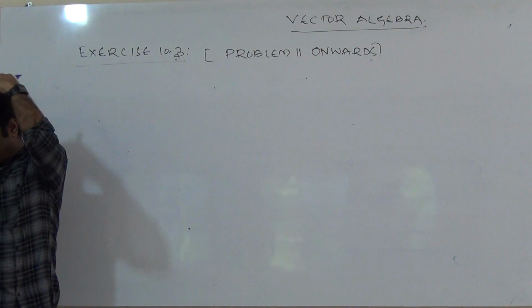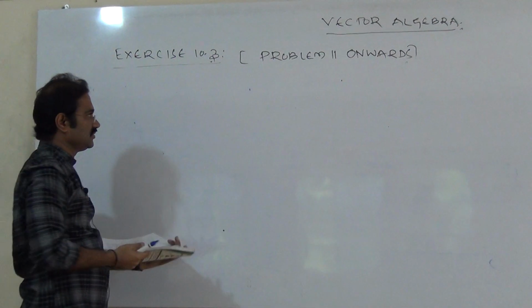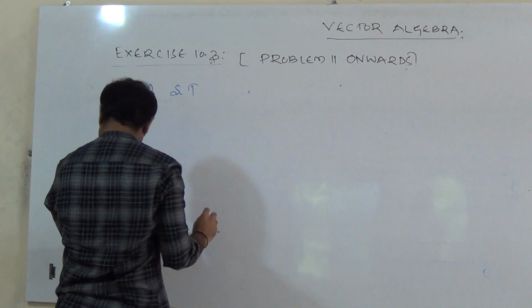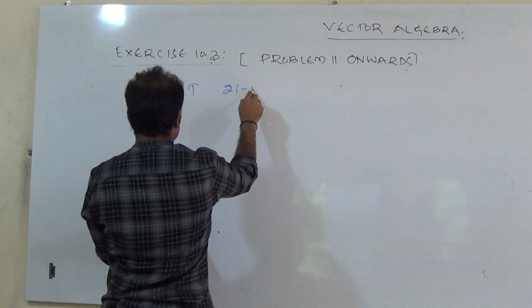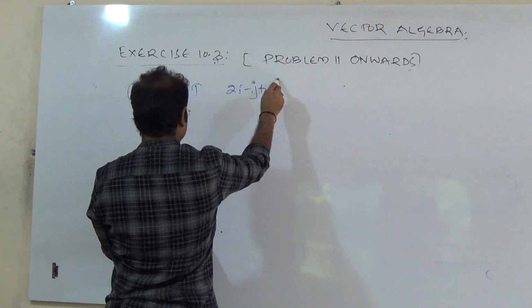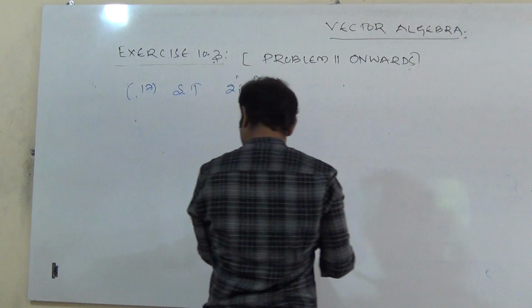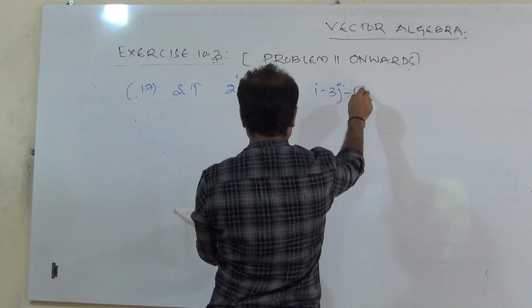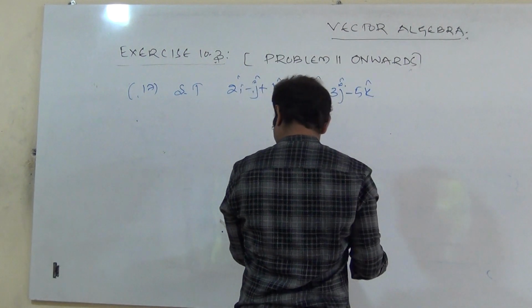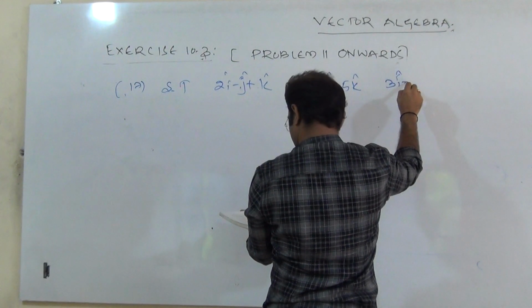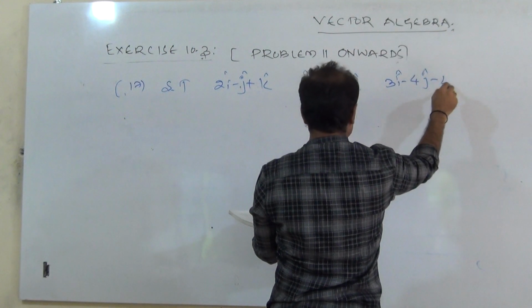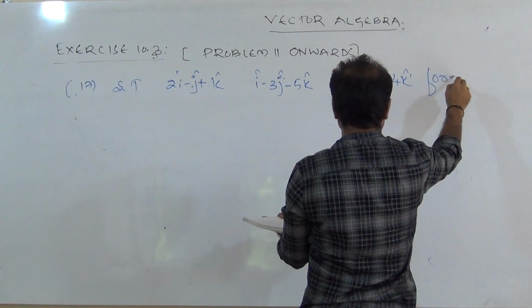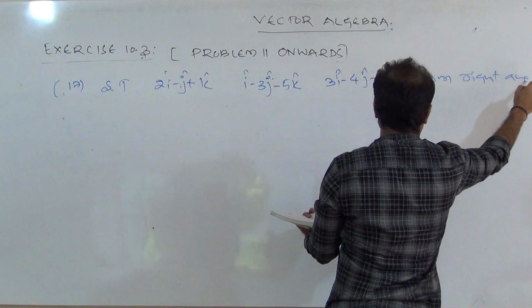Right. Next, 17th. Show that 2i minus j plus k, i minus 3j minus 5k, 3i minus 4j minus 4k form a right angled triangle.